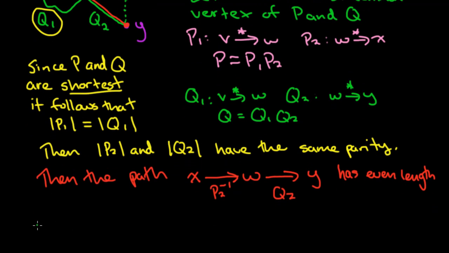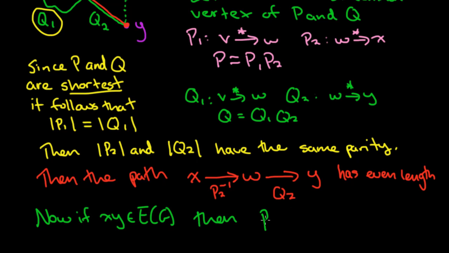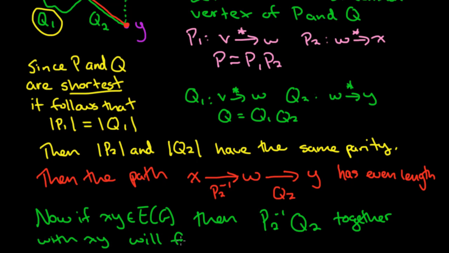Because now, if xy is an edge of the graph, then if we take the path P2 inverse followed by Q2, together with the edge xy, that whole thing will form a cycle of odd length.